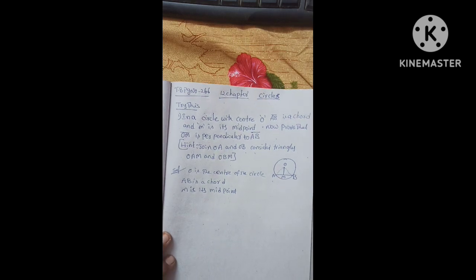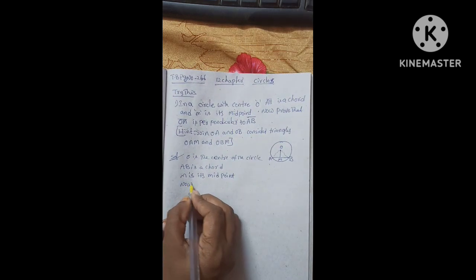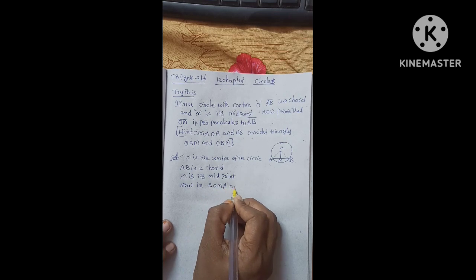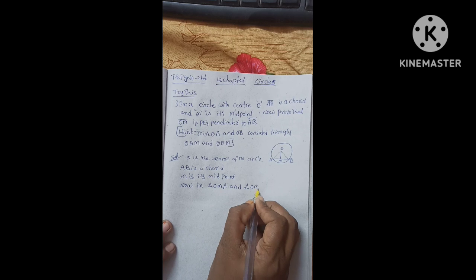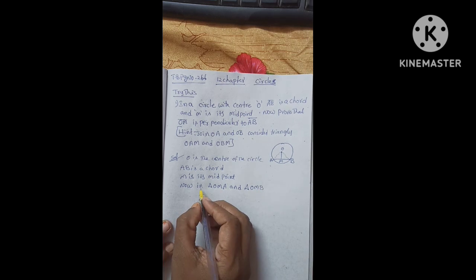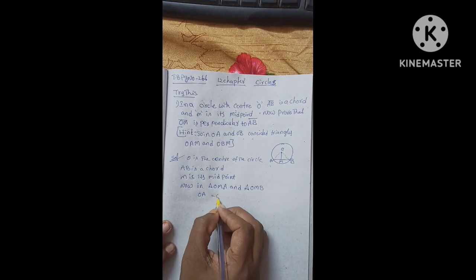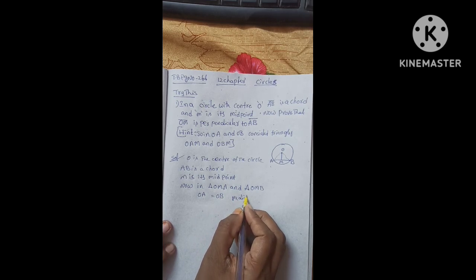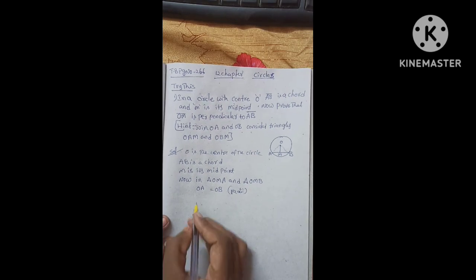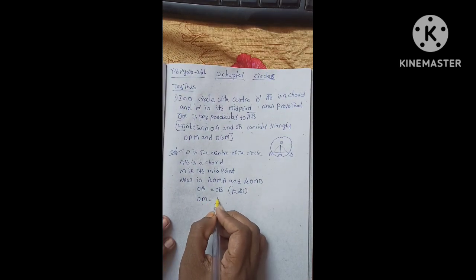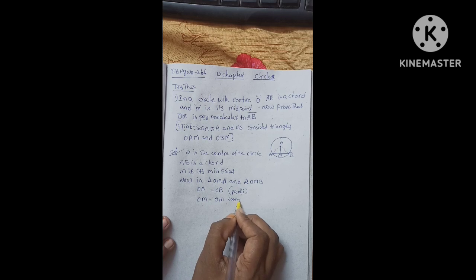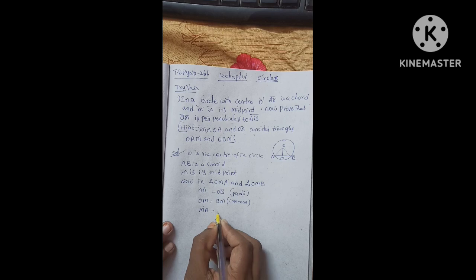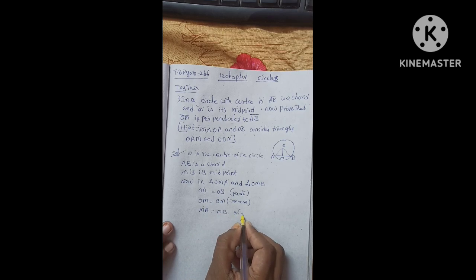Now in triangle OMA and triangle OMB, OA is equal to OB, they are radii. OM is equal to OM, common. Next, MA is equal to MB, given.